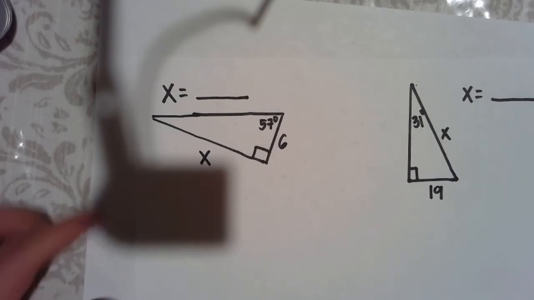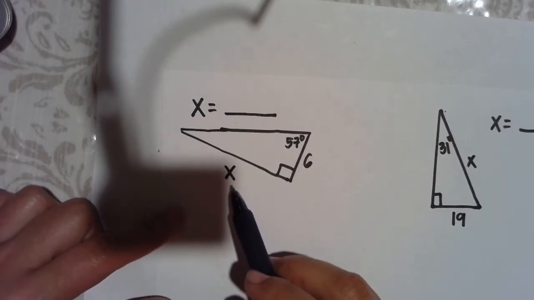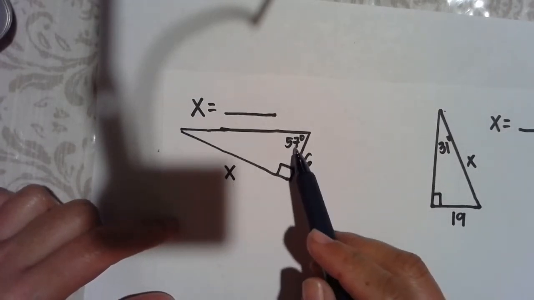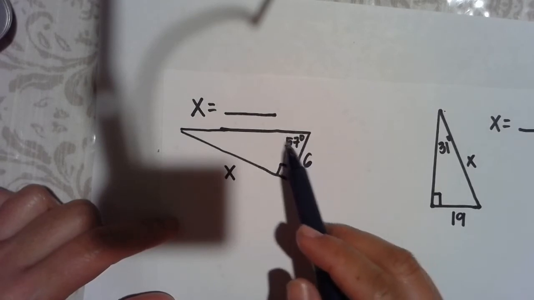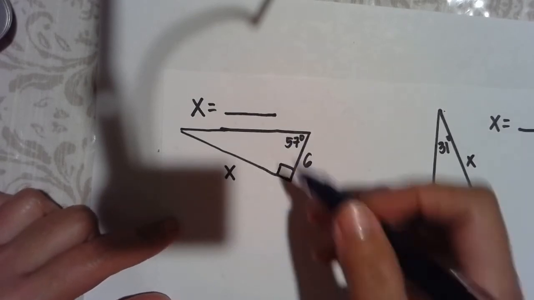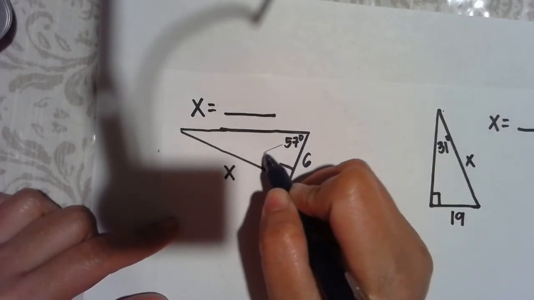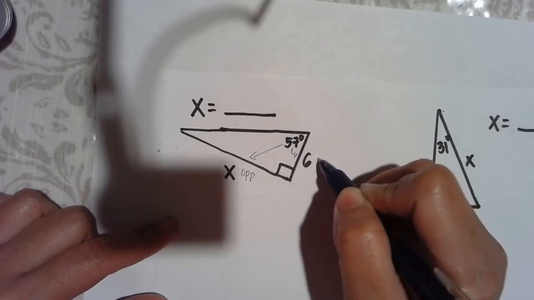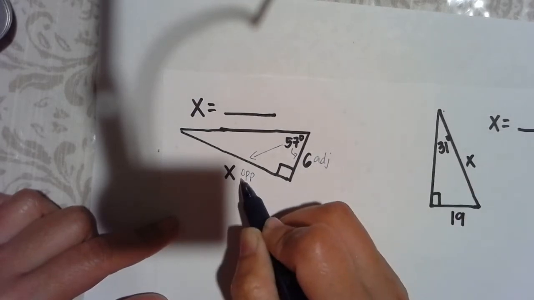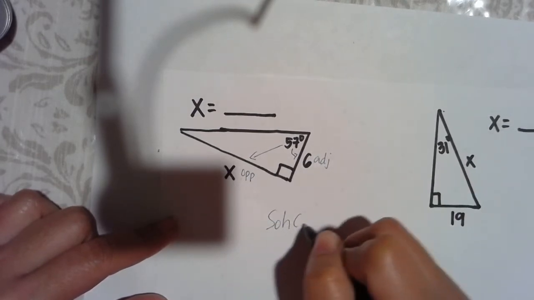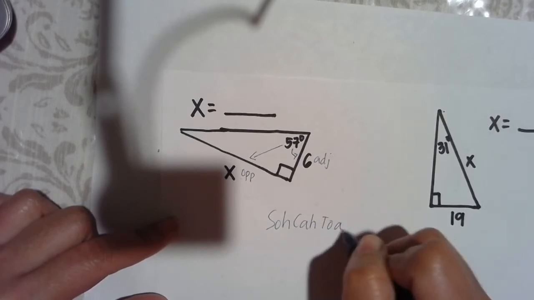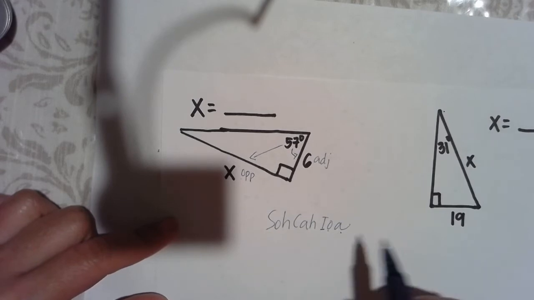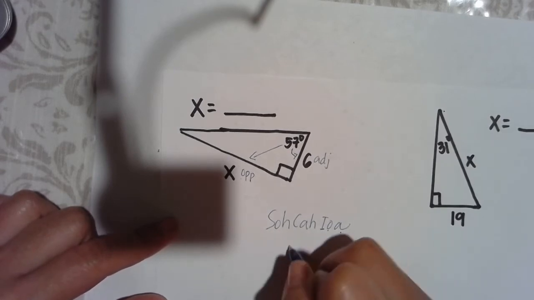Okay, for this question, we need to find the side x. Given that this is a reference angle, the one opposite to it would be your opposite, and the one beside it would be your adjacent side. In SOHCAHTOA, only tangent has O and A, so I will use tangent.